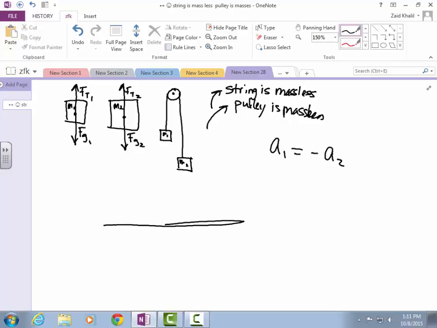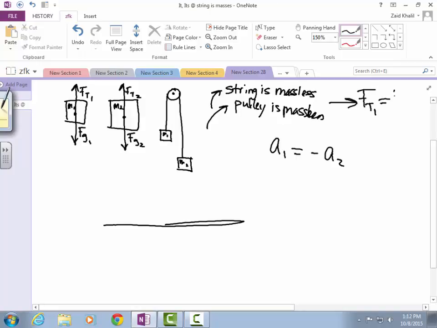So, we got the free body diagram. We've got how the system's connected. Now we need to solve Newton's second law. So the consequence of this and this implies that Ft1 equals Ft2, and both of them are equal to Ft.